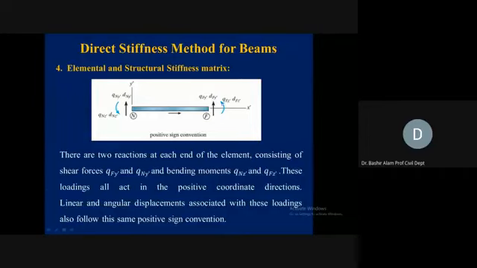QFZ is the action produced about the Z axis at the far end, and D is the displacement produced, which is going to be the rotation now at the far end, about the Z axis.